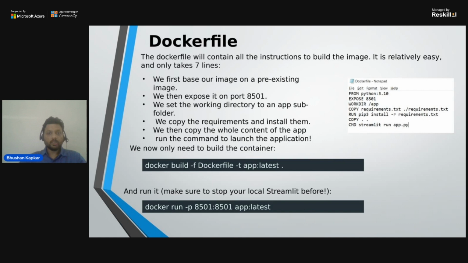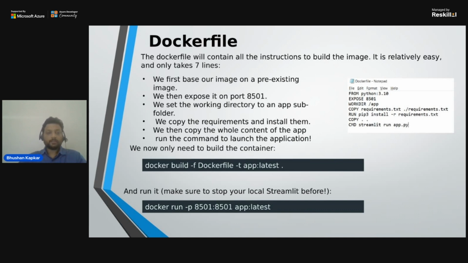You could see the FROM is the Python module file, from the Python base image, which we are taking, 3.10. We are trying to expose our port 8501, where we're trying to expose our Docker image. We are setting up our working directory, so we set the working directory /app.